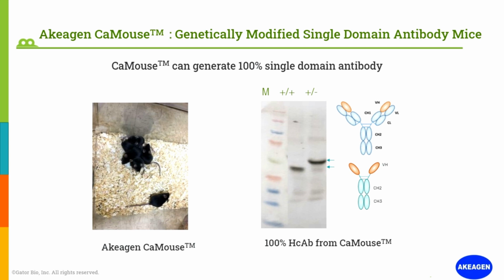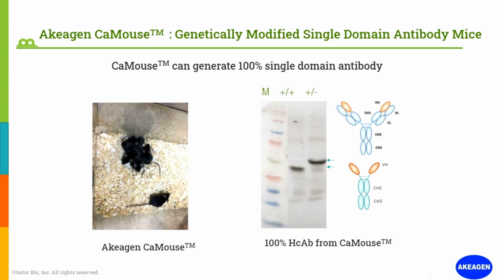As we see, in the heterozygous mouse, which mimics the camel, there's both the conventional antibody and the heavy chain antibody. I think in this heterozygous mouse, the heavy chain antibody is a major part of the immunoglobulin, and only a minor part is in the format of the conventional antibody.